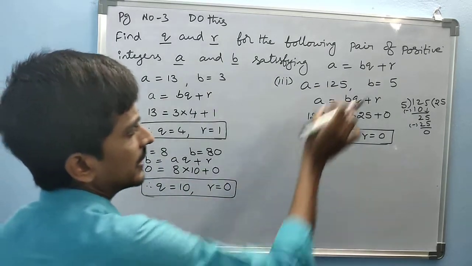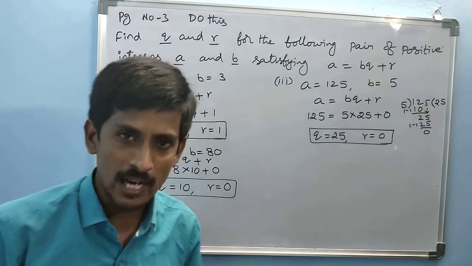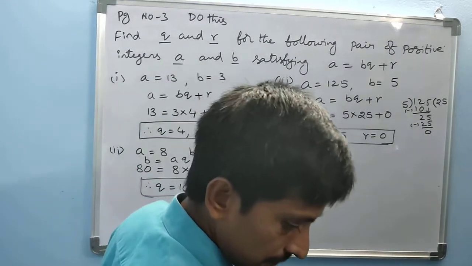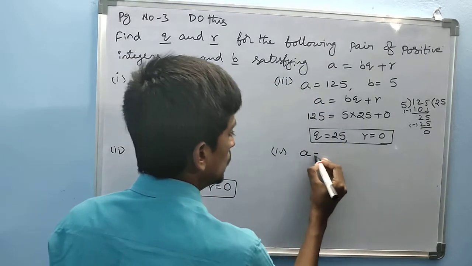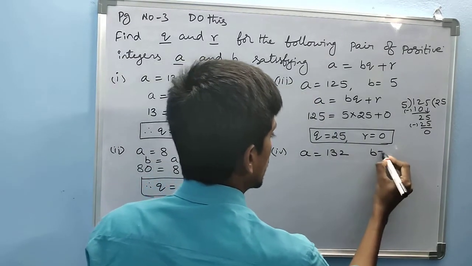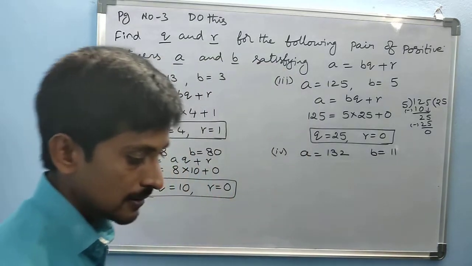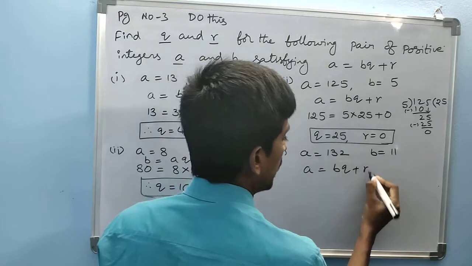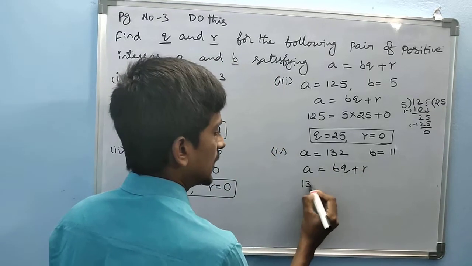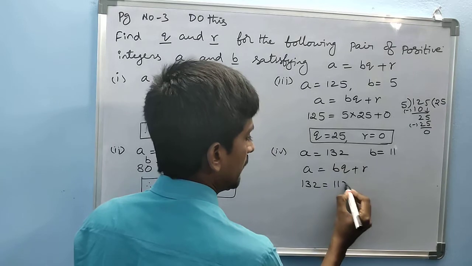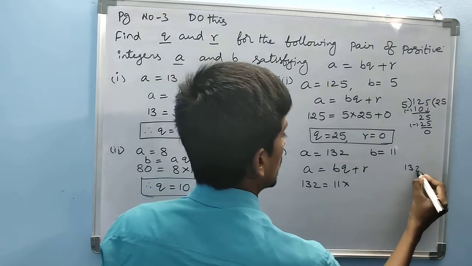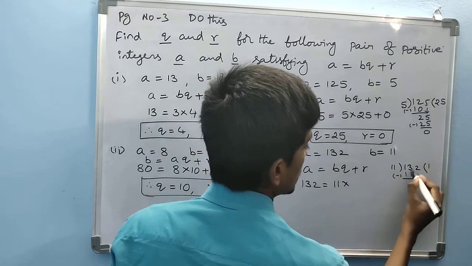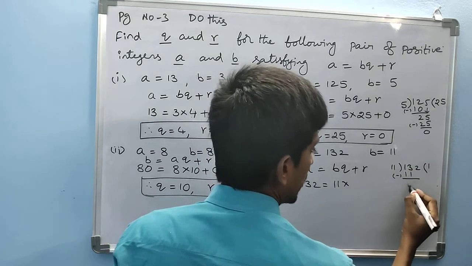Just write only in the form of A equals BQ plus R. And the fourth one is A equals 132, B equals 11. Okay, it is also in the A equals BQ plus R form. 132 equals 11 into Q, using the 11 table. 11 ones are 11, 13 minus 11 is 2.